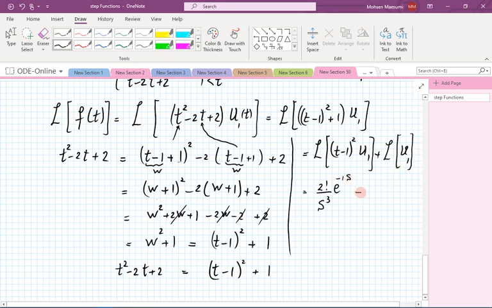And then the Laplace transform of u1 itself is just exponential of minus s over s. So to make it clean, we can factor out exponential of minus s: 2 over s cubed plus 1 over s. And usually taking common denominators and such in these problems is an expenditure of time that may not pay.